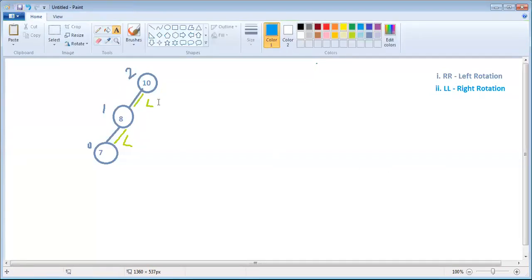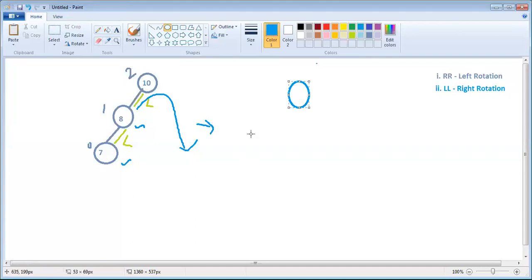So how can I do right rotation? This node is perfect. This is the node violating. So I'm keeping these two as such, and I'm rotating this node to the right.